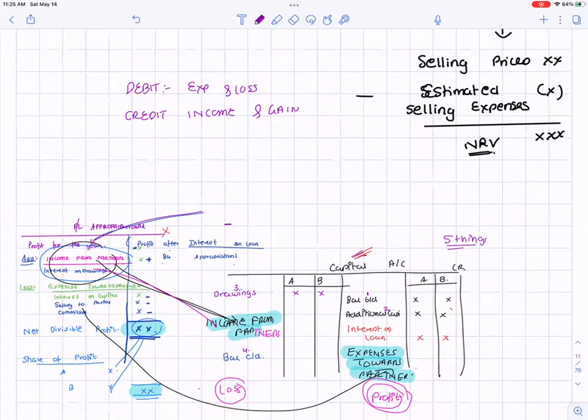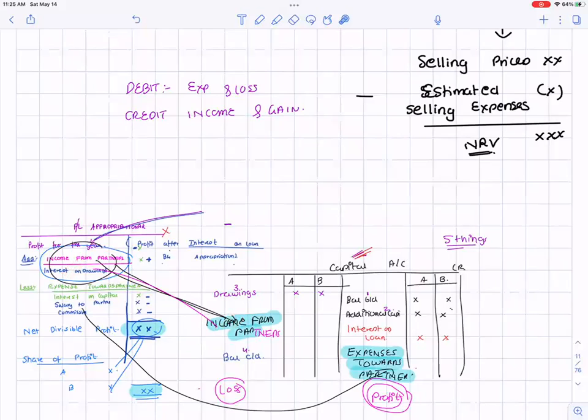So the two effects for interest on drawings, can you tell me? I'm not sure. Appropriation credit, capital debit.